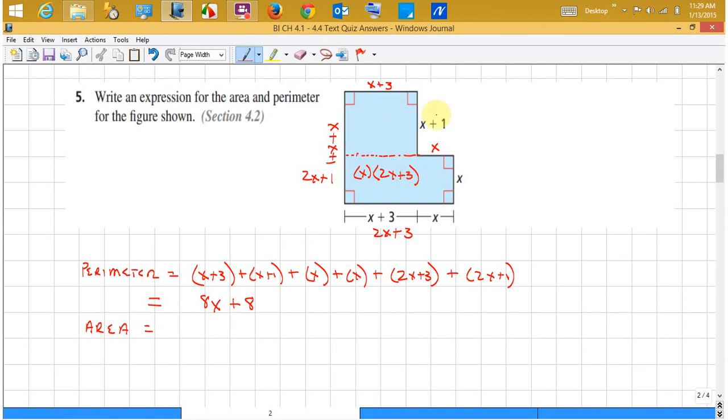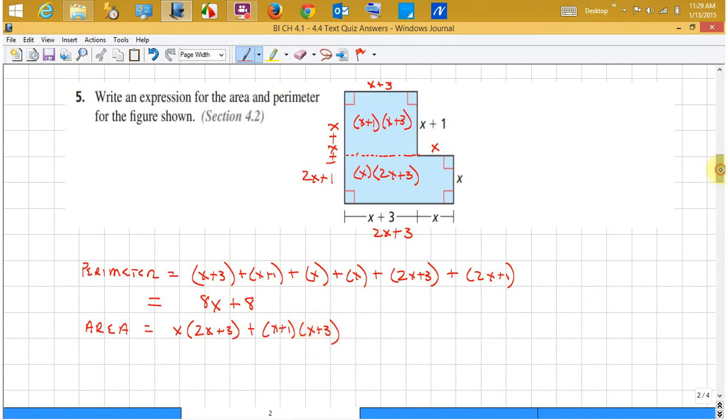For the top box, it's going to be this side times the top. Okay, so I can say that the area is x times 2x plus 3, plus the area of the top piece, which is x plus 1 times x plus 3.